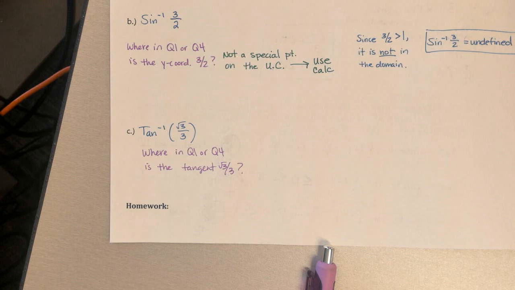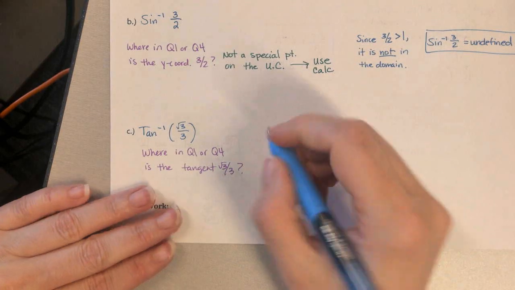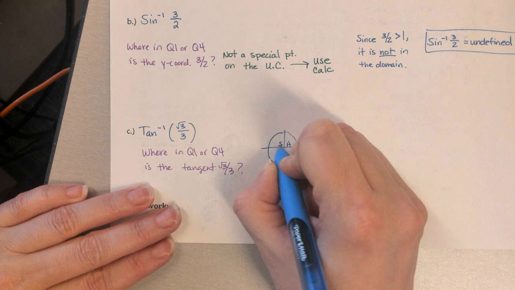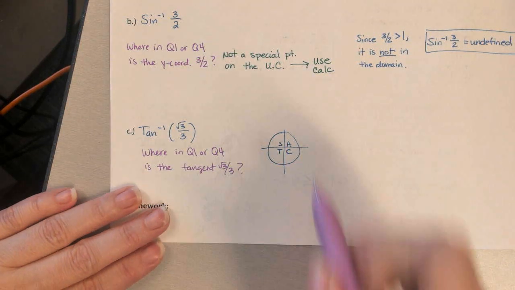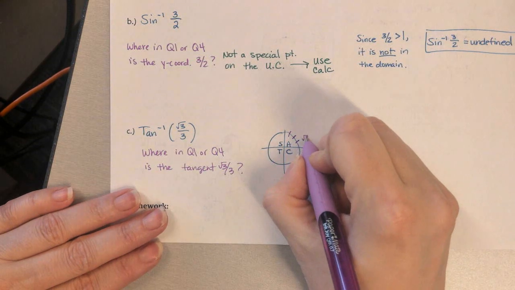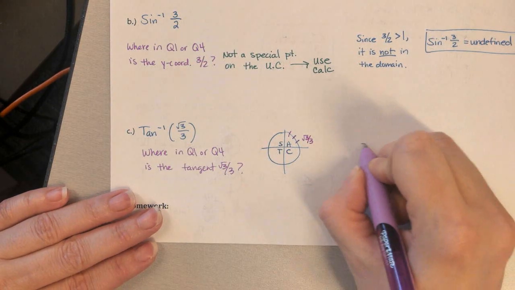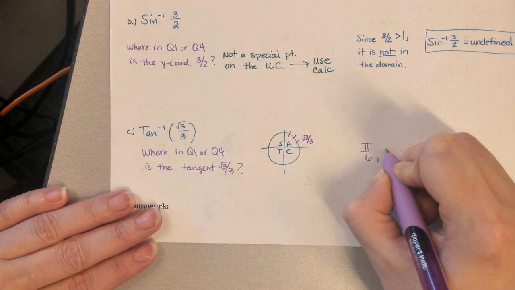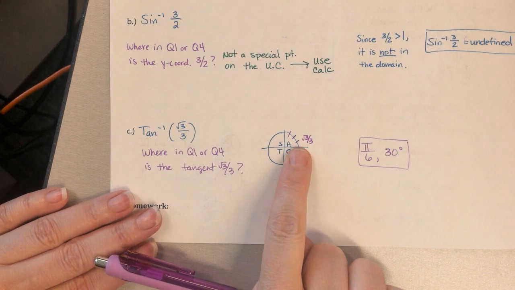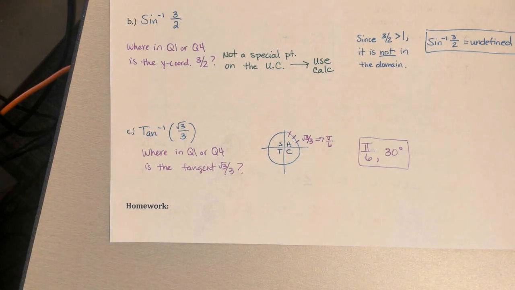First, where is tangent positive, in Q1 or Q4? Q1. Everything's positive in quadrant 1. So where is the tangent root 3 over 3? Pi over 6 right here. So your answer is going to be pi over 6, which is what in degrees? 30. So if it's root 3 over 3, this is at pi over 6, and we know pi over 6 is 30 degrees.